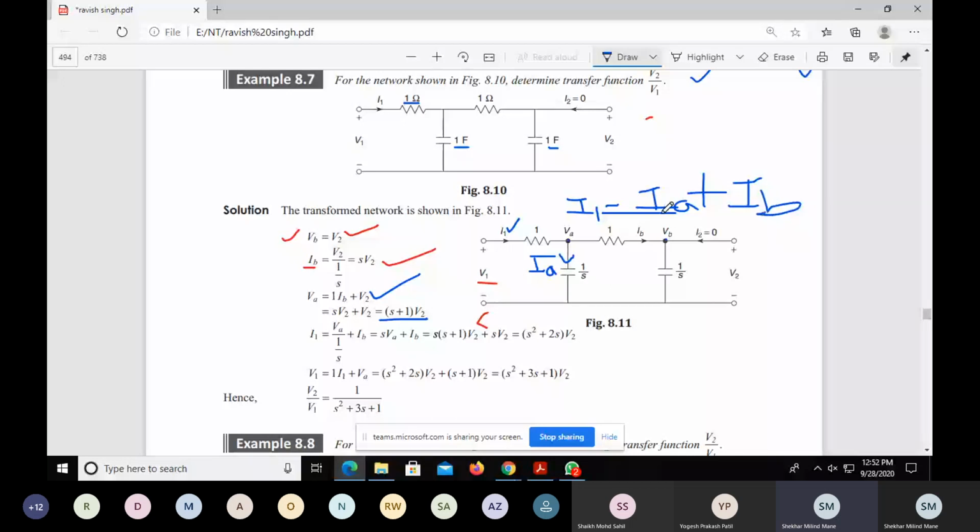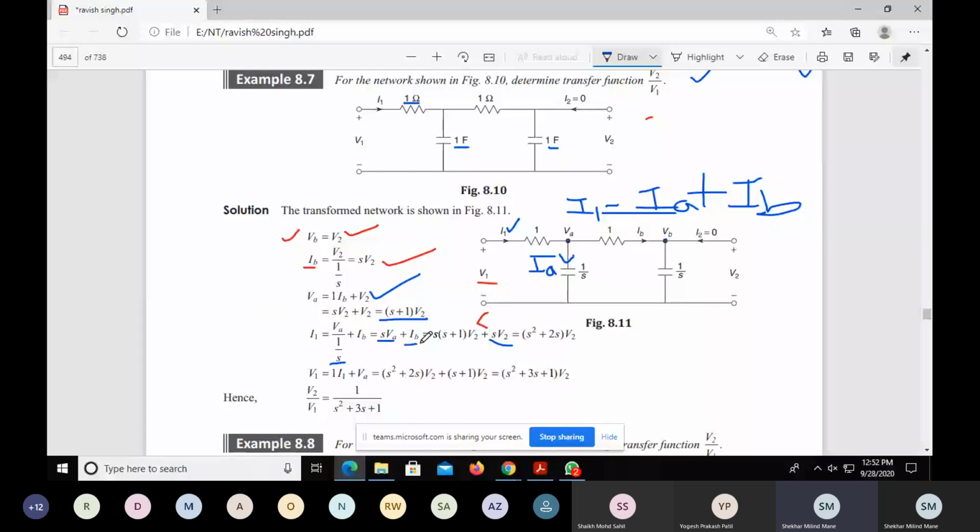And what is IA? IA is nothing but VA upon 1 by S. And what is IB? We have just calculated IB. IB is nothing but SV2. And VA into 1 by S is S into VA.